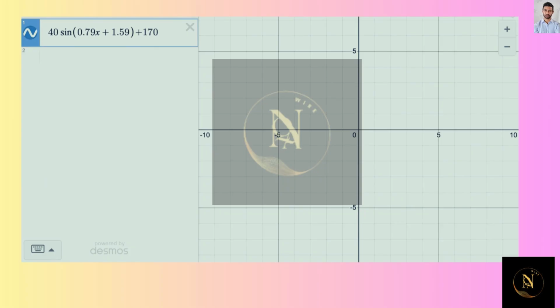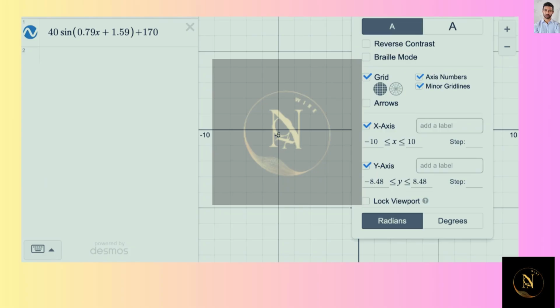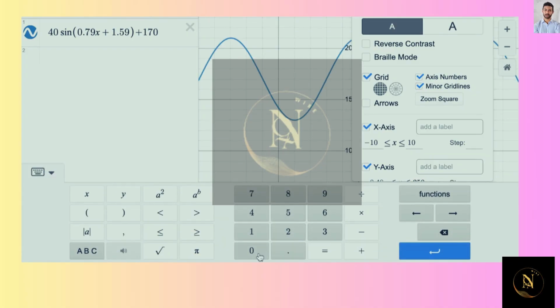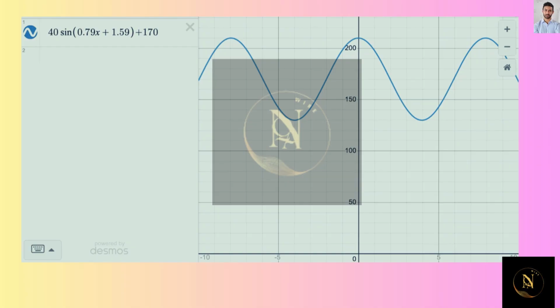We're going to want to see the y's up to 250. And that's enough for one cycle.